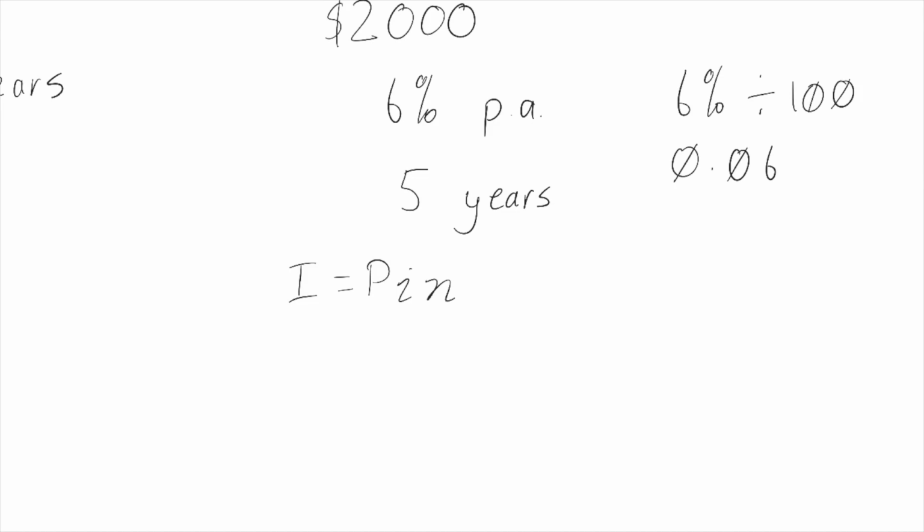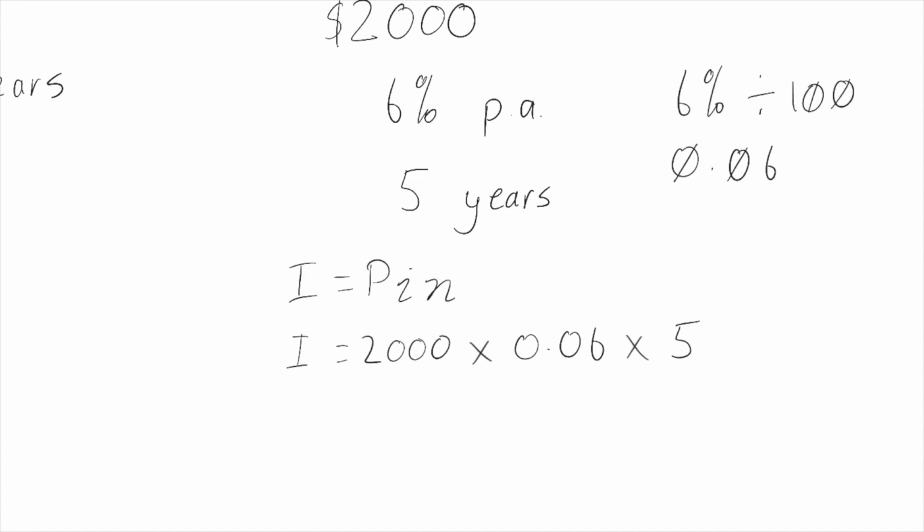Okay, now our simple interest formula, I equals PRN. Now we're going to start to substitute. I equals 2,000, 0.06, and 5 years. Now, with algebra, by default, in the middle here, if we don't see an operation, every single time we see letters next to each other without an operation, we are going to multiply.